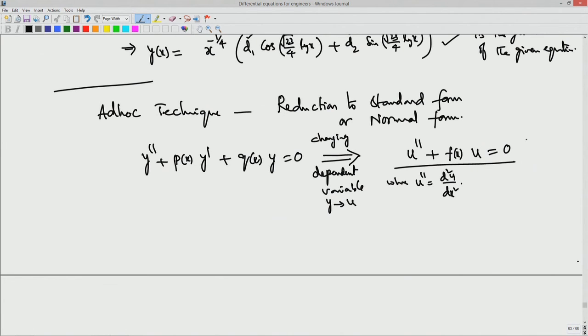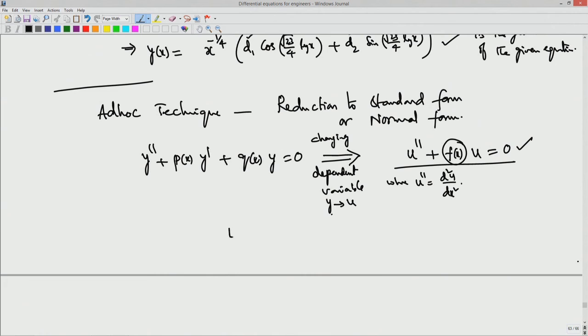If you convert this, sometimes this f x you can expect to be constant. If it becomes constant, then you know how to solve this. That means if you know u, you will know what is your y. So, what is this transformation that takes y to u?